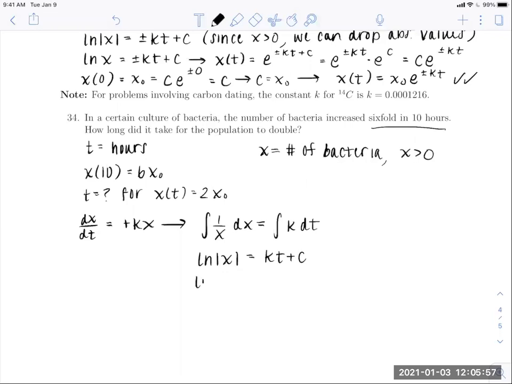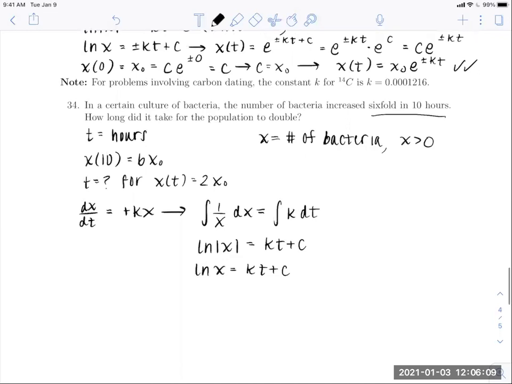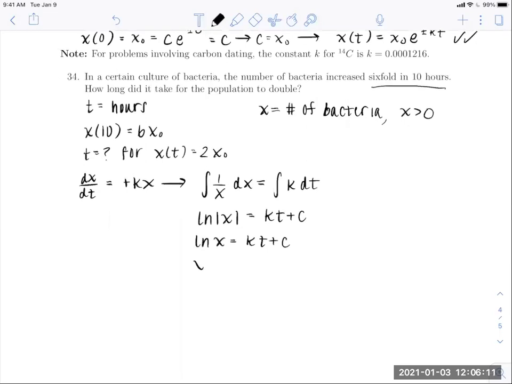And so because of that, I can drop those absolute values. And here's where you get to make a choice of how you want to set up your plus c. I'm going to go ahead and apply the exponential function. So that's e to the kt plus c, which is e to the kt times e to the c. Or like we said previously, I can write that as x naught e to the kt.